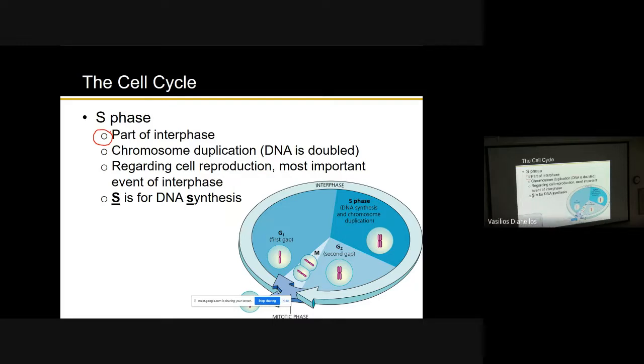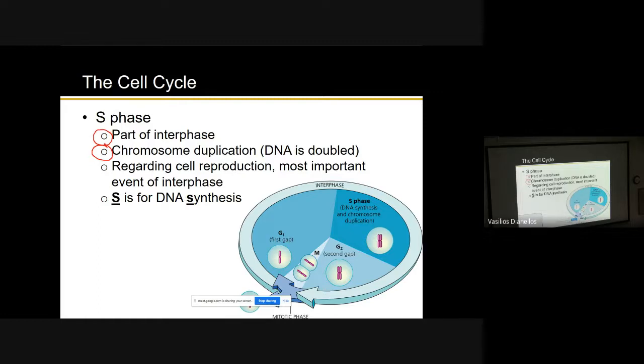Here's the other very important part, and this is definitely going to be a test question, and you already had it as a pre-lab question. Chromosomes duplicate in the S phase of interphase. This is when chromosome duplication happens. And again, that is the most important thing in the context of this chapter for interphase, because all we care about in this chapter for the most part is what's happening with the chromosomes.